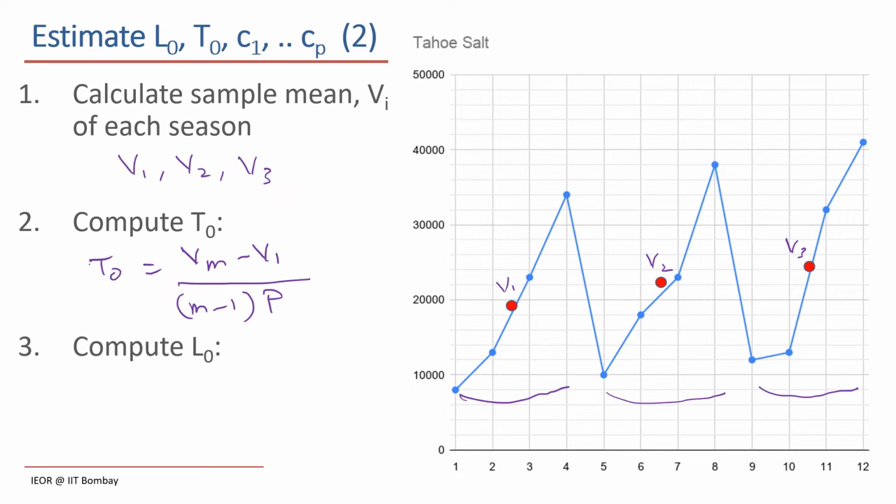Once I have T0, I know the trend of this line, which passes through the midpoint V1.